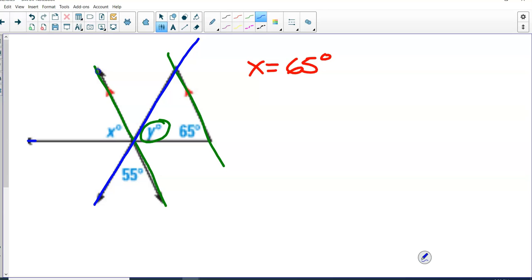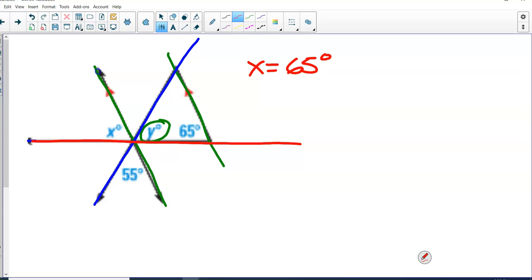Y is actually not formed by the parallel lines and the blue transversal. It's formed by the two transversals. So you can see y is formed by the blue and the red line, not by the parallel lines. So we actually can't use those special relationships to help us find y.